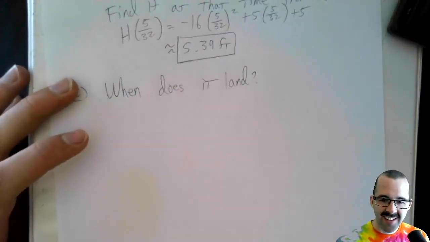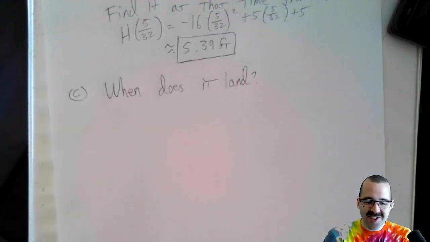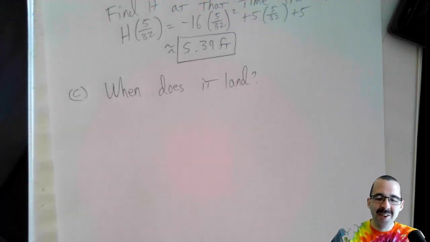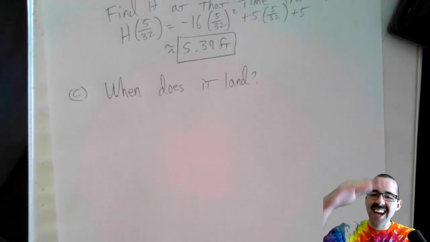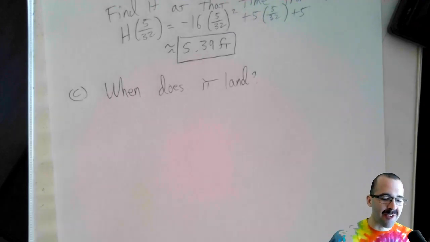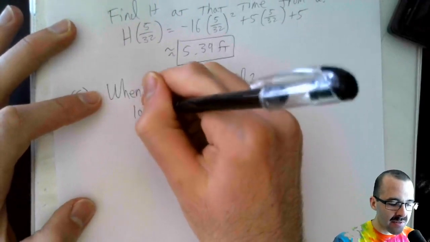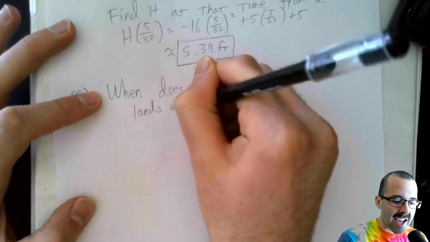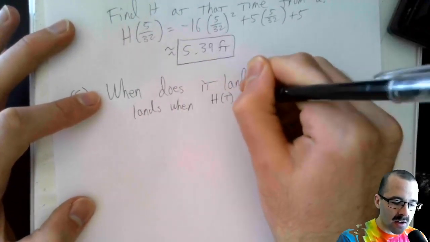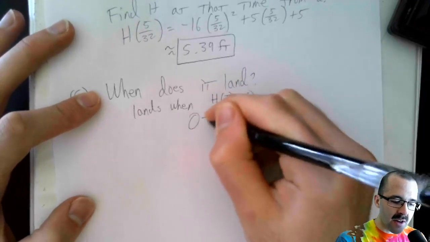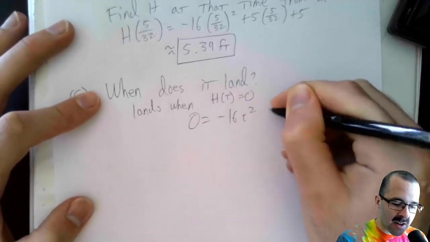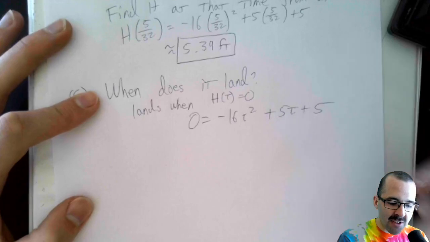Yeah, the throw started at 5 feet in the air. We give it a little baby throw. It only gained 2/5 of a foot, and it started falling. It lands when h is 0. So when 0 equals negative 16t squared plus 5t plus 5.